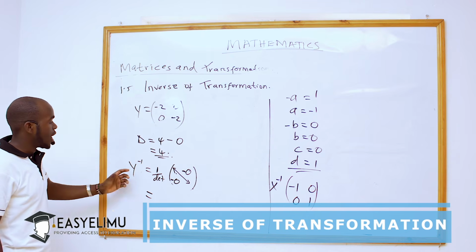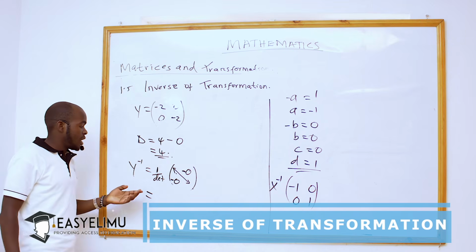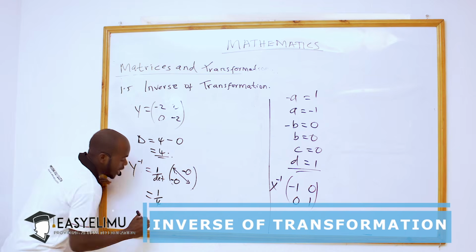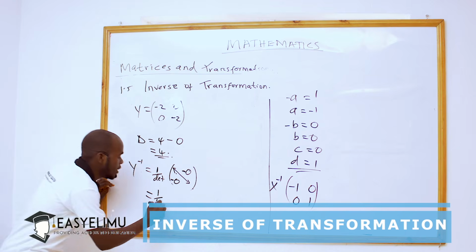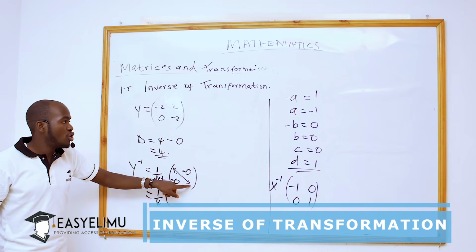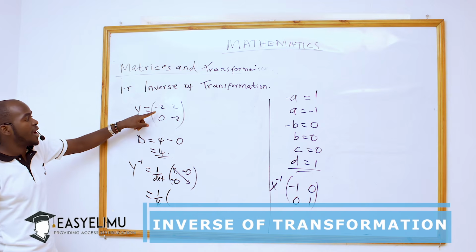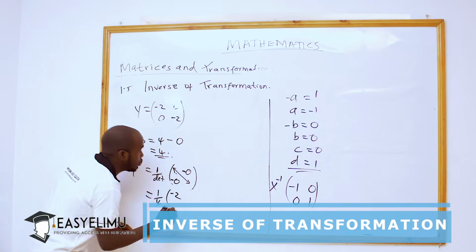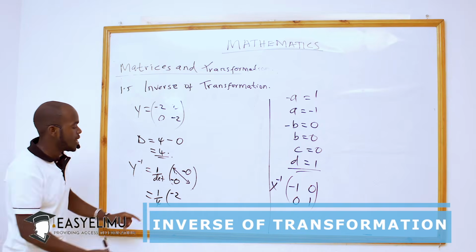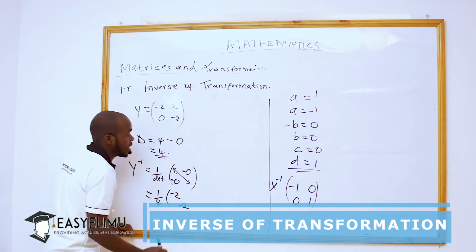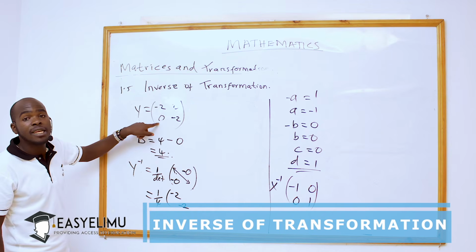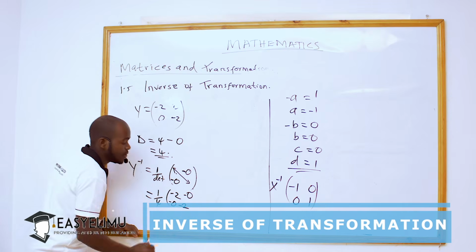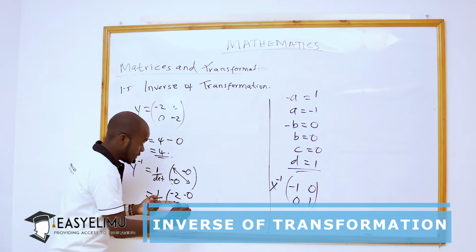Now the inverse, we have found the determinant to be 4. The inverse of this matrix will be 1 over the determinant, which is 1 over 4. Then, in the leading diagonal, we exchange. If we exchange negative 2 to the other, it will be negative 2, and negative 2 to the other diagonal, it will be negative 2. But this one is still 0. Even if we introduce negative 0 here and negative 0 here, it will still remain 0.